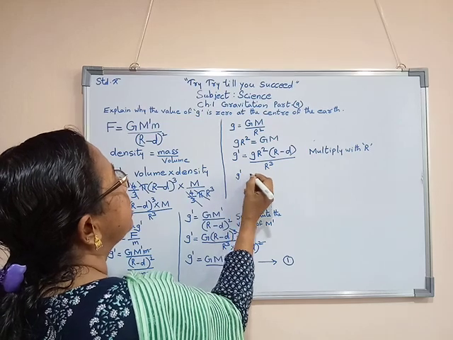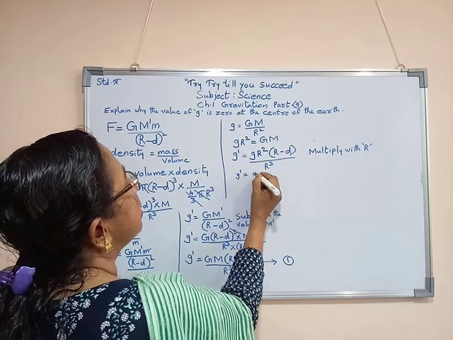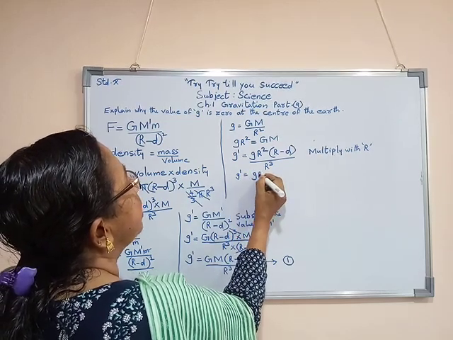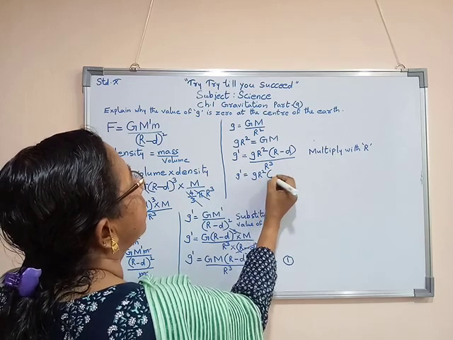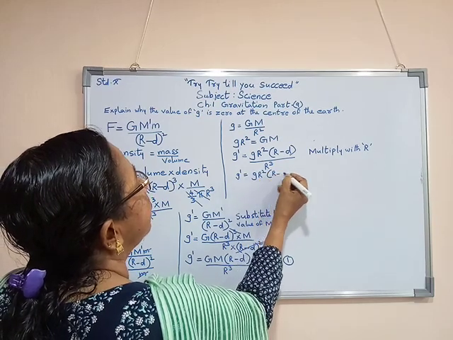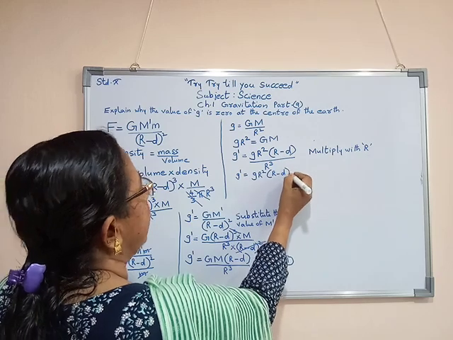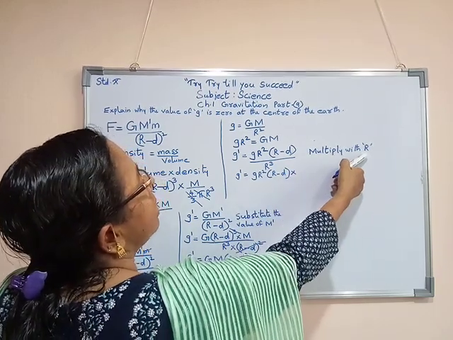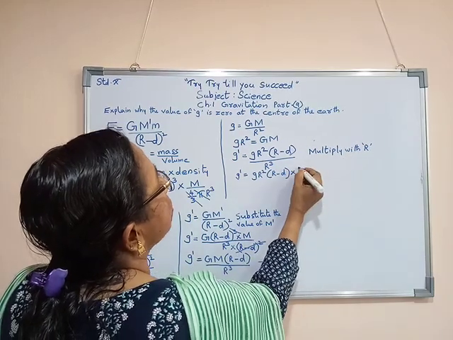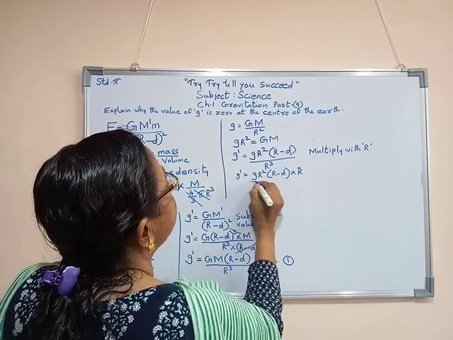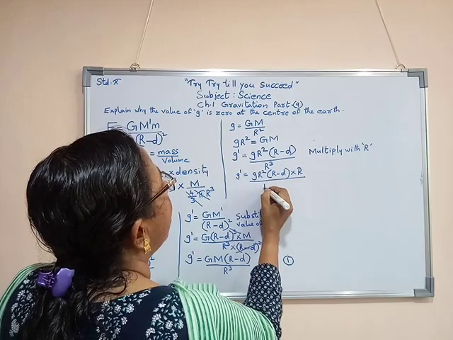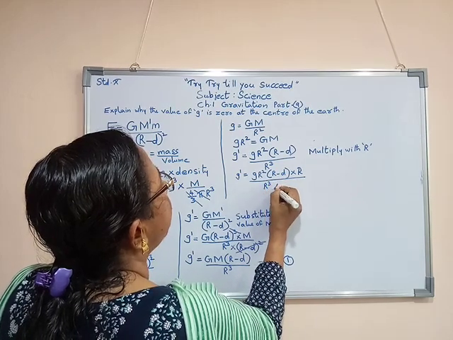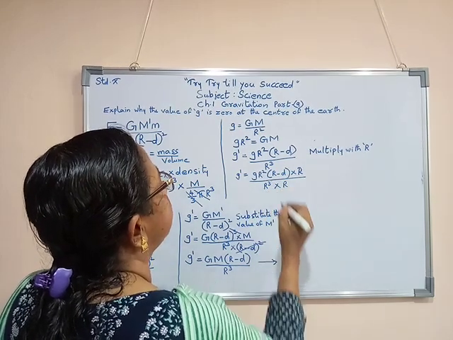G dash is equal to small g capital R square, then into R minus D into, here with the R we have to multiply up and down. So R here I written, now upon R cube into capital R.